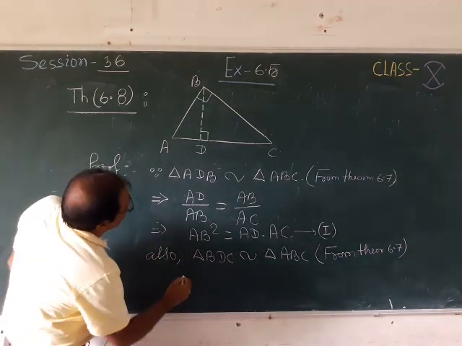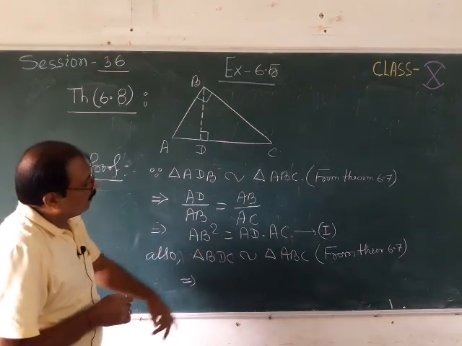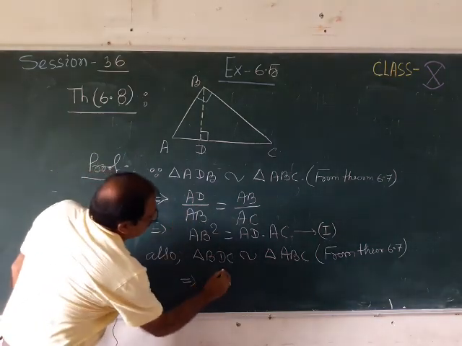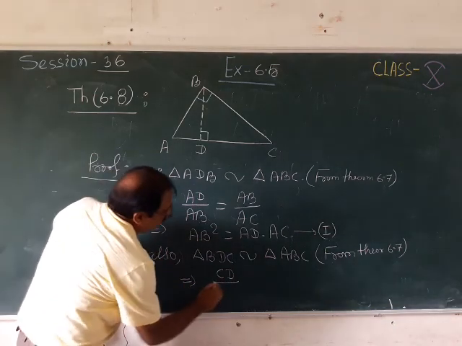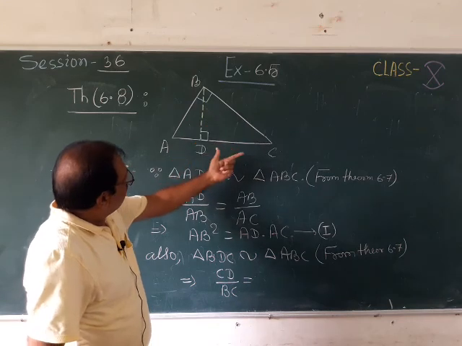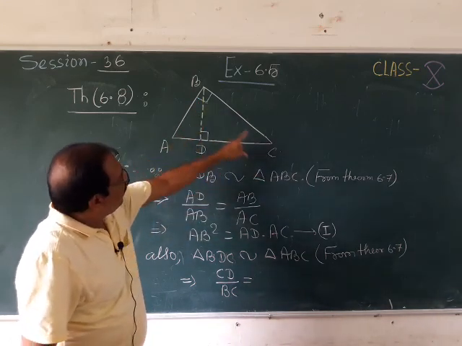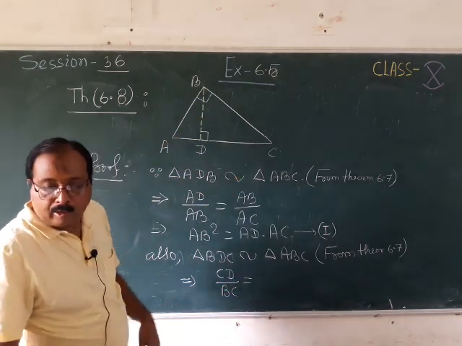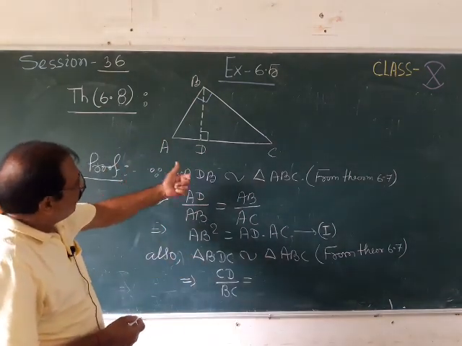That means if this is similar, then corresponding sides are proportional. That means CD, this time I am taking CD upon BC. CD is the base of this triangle BDC, and BC is the hypotenuse of this triangle BDC. Then it will be also equal to BC upon AC.